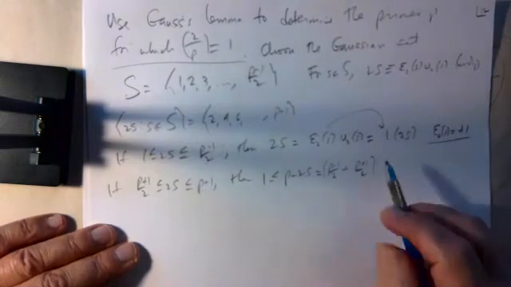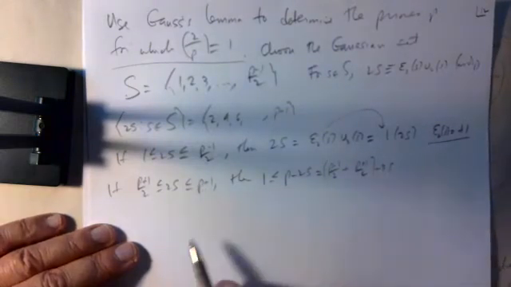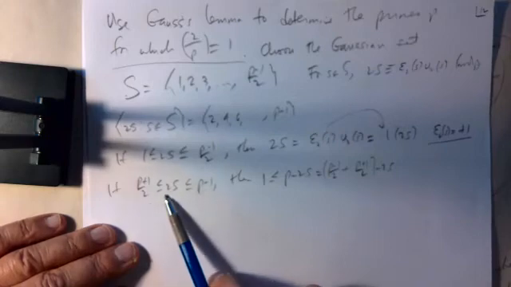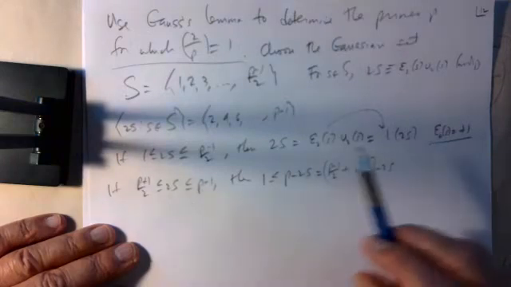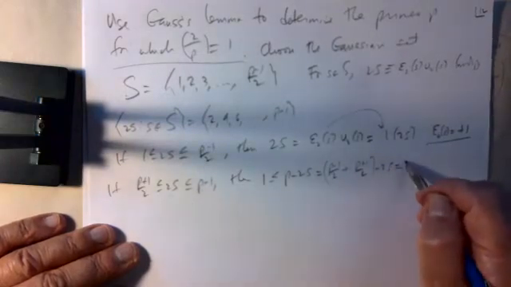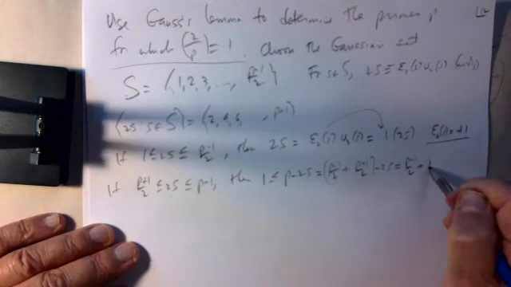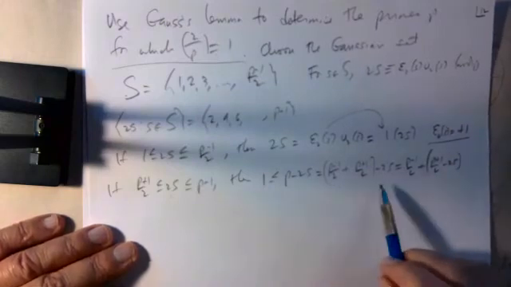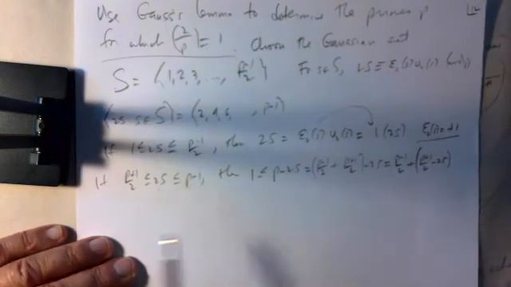You add them up, you get p. And (p plus 1)/2 minus 2s is less than or equal to 0. I just associated this differently.